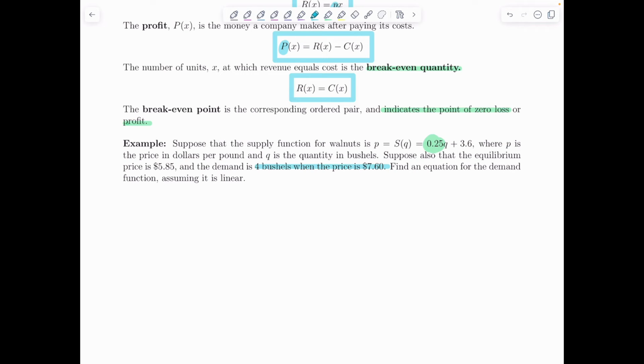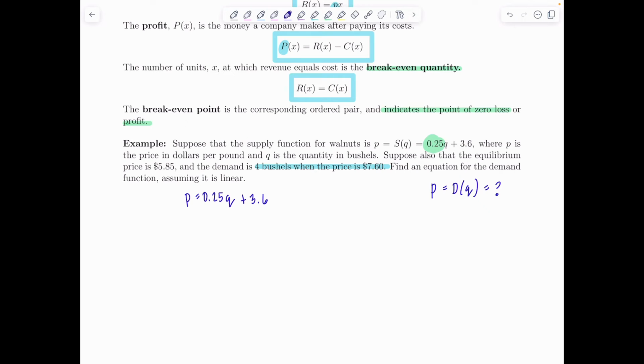Okay, so first I have my supply equation. It tells me price equals 0.25Q plus 3.6. I need to figure out what my demand equation is. So P equals D of Q. What is it?